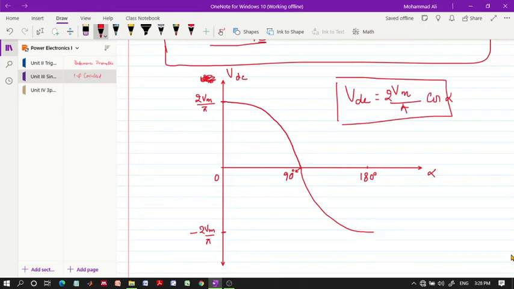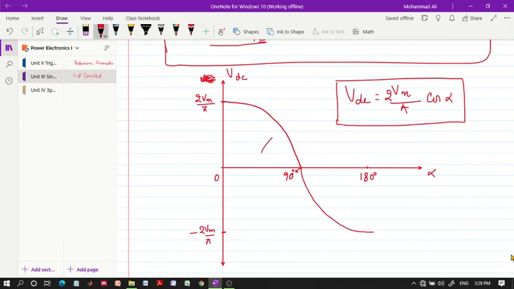When alpha is equal to 0, it will be maximum, it will be 2 Vm by pi. Then as we go on decreasing this, remember that the current is positive for the whole operation. That's what we are considering.